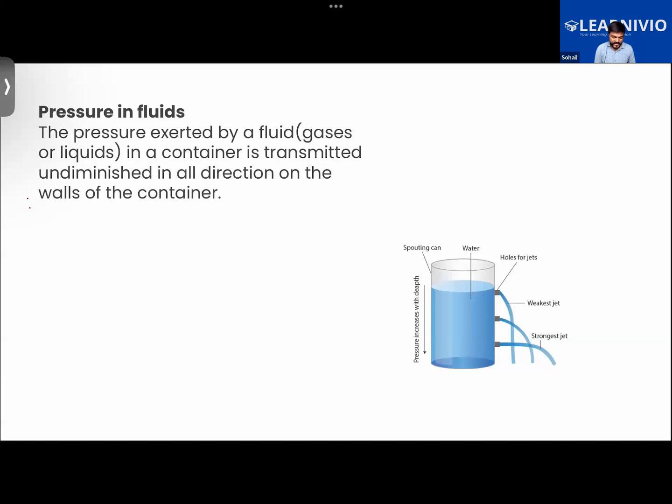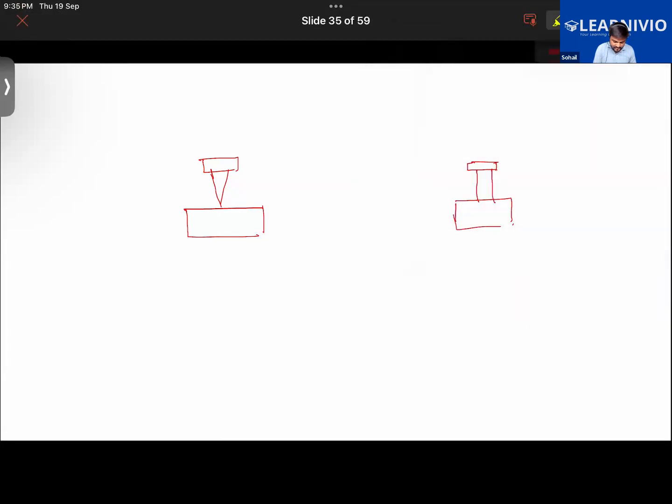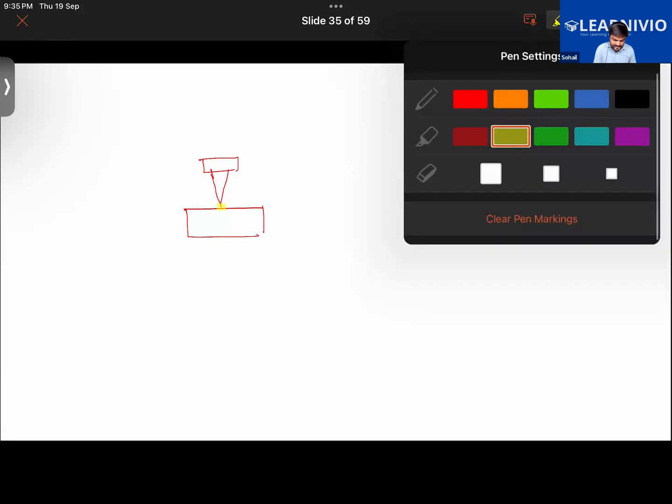So say you have two objects, object A and object B. Here you have this object and here you have this object. Now the surface area in contact is different for these two objects. This is smaller, but it is more in the next case.